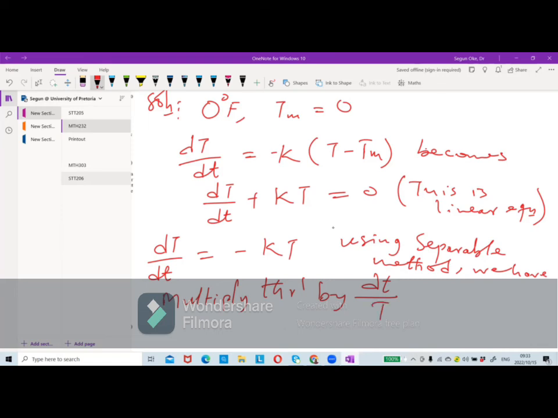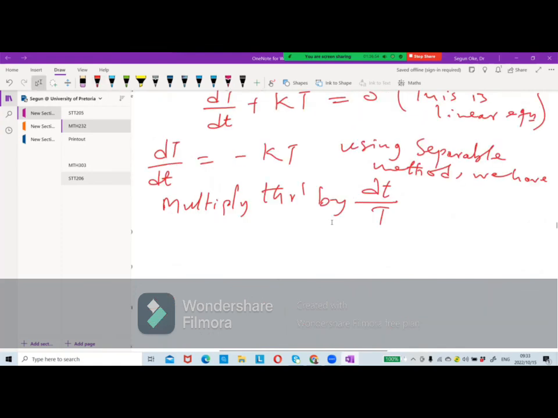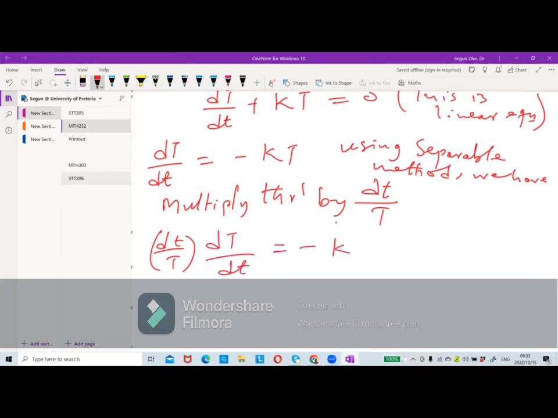No. Over T. Do you agree with me? It's over T, yeah, big T. Yes. So let's do it. We have dT/dt over capital T equals minus kT dt over capital T. This one goes with this, this one goes with this. So we have 1 all over T, dT, equals minus k dt.